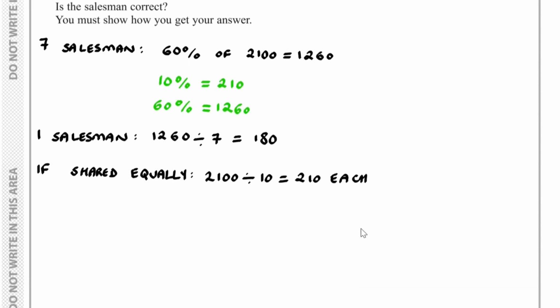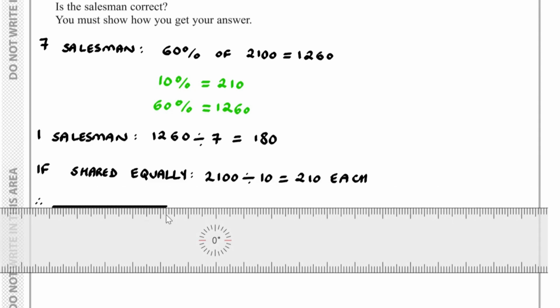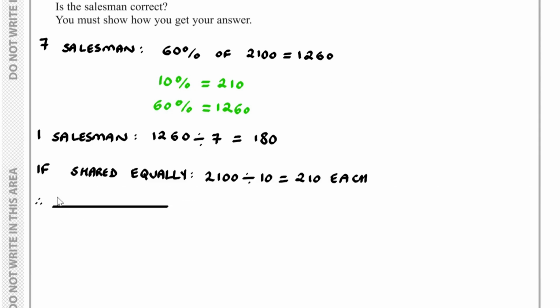So let's calculate the percentage difference and see if that equals 25%. If we work out the percentage difference, we have 210 subtract 180, divided by 180, and then we multiply this by 100.